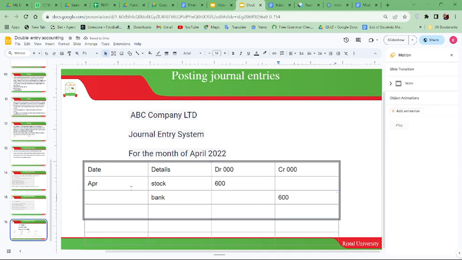So our stock is gaining 600 and our bank is losing 600.